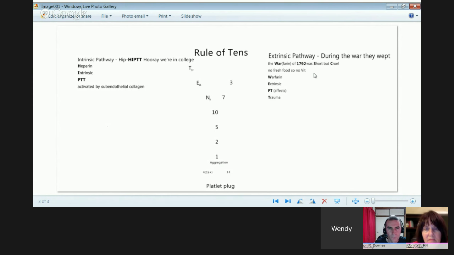So this is 1792, the clotting factors: 7, 9, 2, and 10. Those are the clotting factors. So it's actually 10 there, so you kind of have to know that.